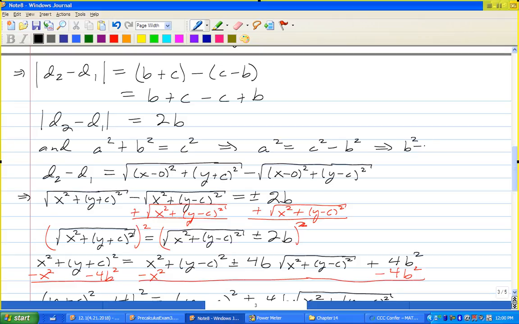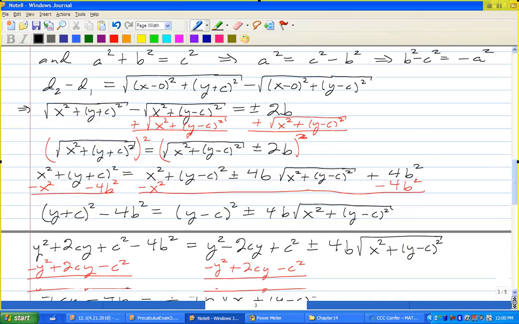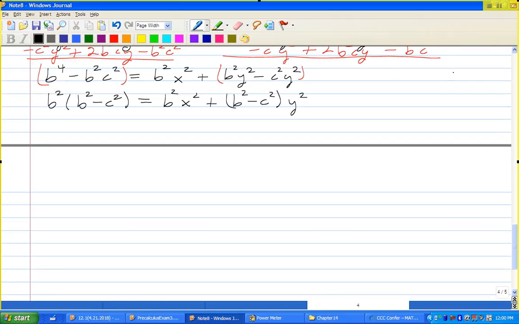So I have negative a squared b squared equals b squared x squared minus a squared y squared. Let me divide both sides of my equation by negative a squared b squared.